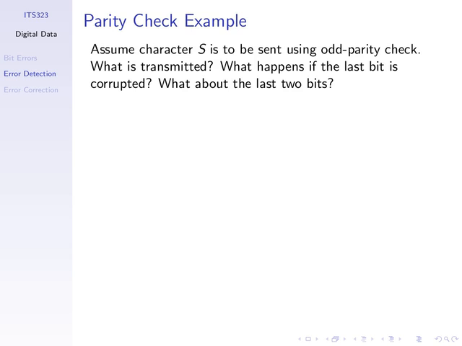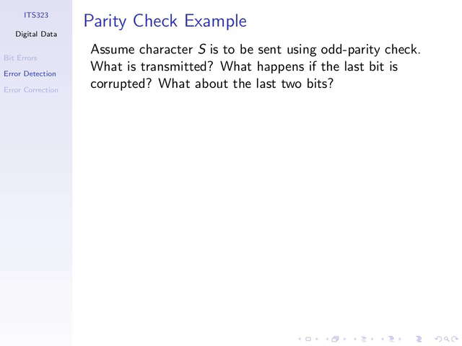Okay, so what's received? If they were the 8 bits transmitted, that's what's received. The last bit is in error or corrupted. The receiver doesn't know that. This is just the bits it receives. It does its check. We count the number of ones. We have an even number. And using the odd parity check, that means there's an error. Assume an error. And of course there has been an error.